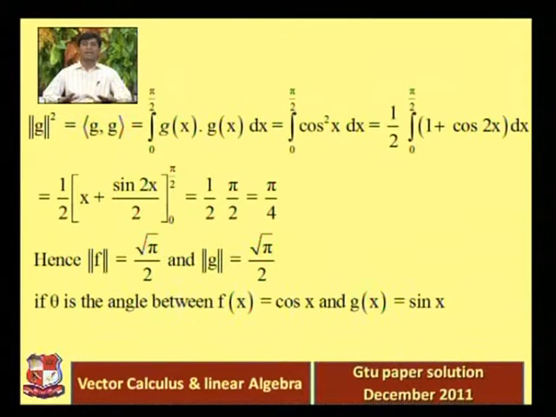If theta is the angle between f(x) and g(x), where f(x) is cos x and g(x) is sin x, then cos theta is equal to the inner product of f with g upon norm f into norm g. Now we have all three parts: the inner product ⟨f, g⟩, norm f and norm g. So put these three values in the formula.